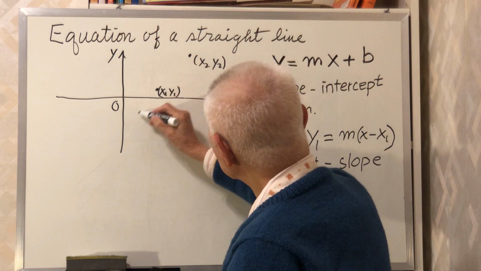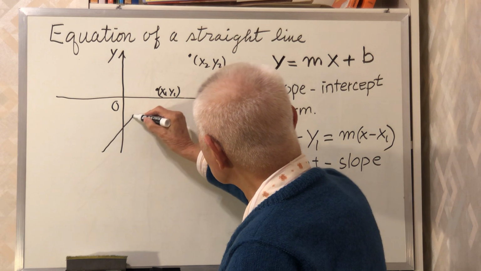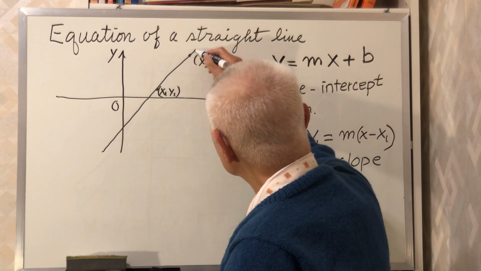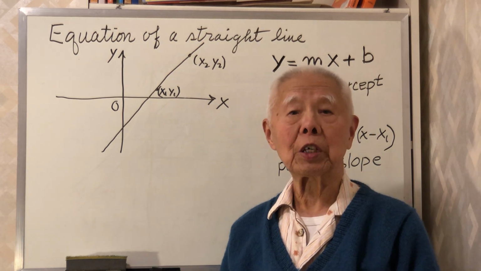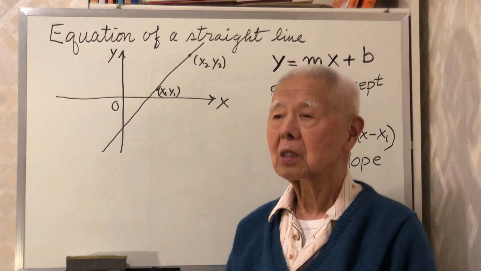So my straight line passes through these 2 points. What is the equation? I have 2 points.